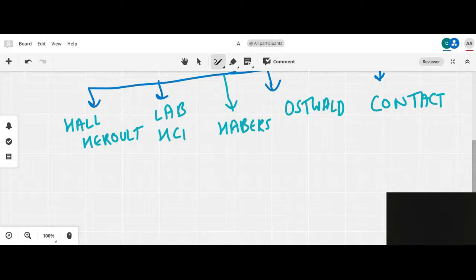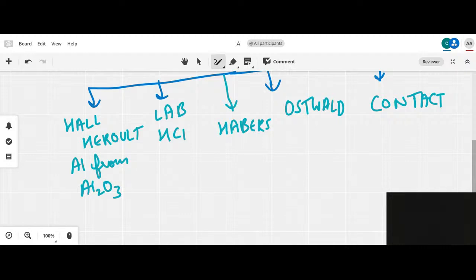Importantly, Hall Heroult is used for extraction of aluminium from alumina. Okay, perfect. Lab HCl uses what? HCl is prepared in the laboratory with the help of some salt, right? What kind of salt? You have to be specific with that.